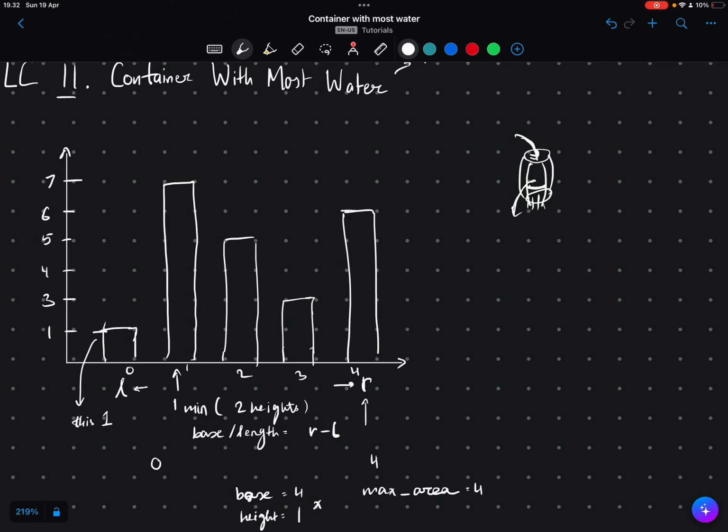In the first example, as they've shown, with 8 and 8, the issue is that the width, the R minus L, is smaller, so we get a higher area from 8 and 7, 7 being the minimum. Yep, there you go. So it's just that, and this is a smaller diagram for illustrative purposes.